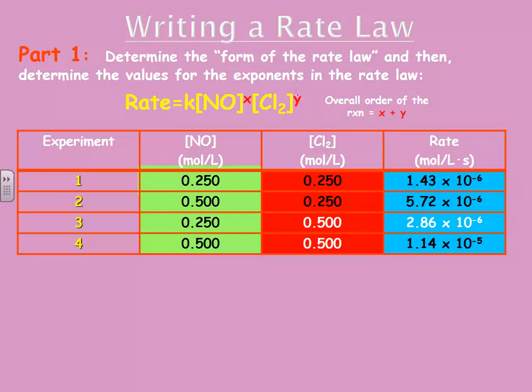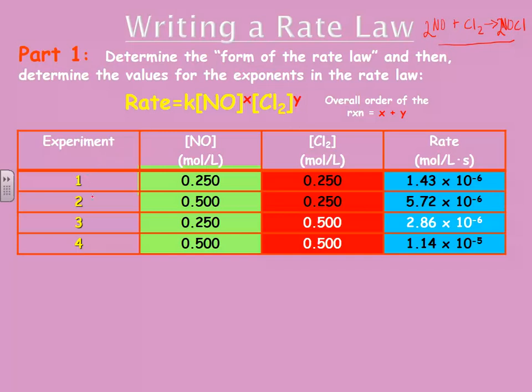The reaction involved here is not the same one we've been looking at. The reaction here is NO plus Cl2 yields NOCl, and so the coefficients will need to be 2, 1, 2. So this will be the reaction that we're using.